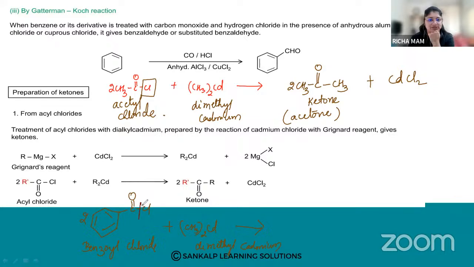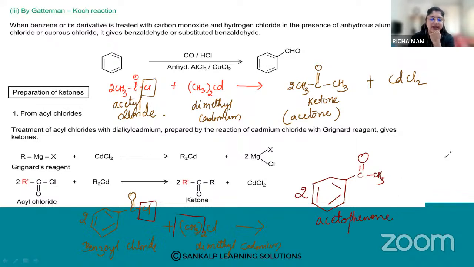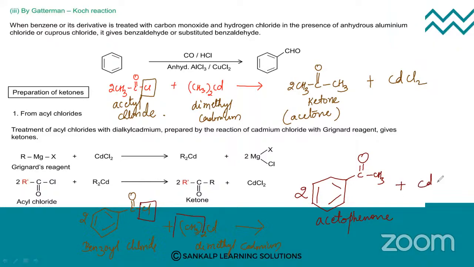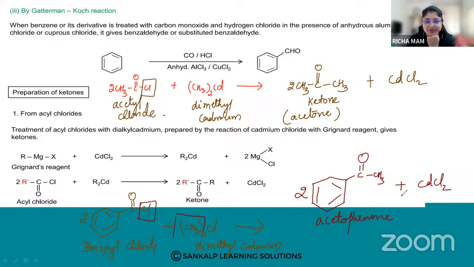Don't think much. Your Cl will be replaced by this CH3. So this is the benzene ring, C double bond O and CH3. What is the name of the compound? It is acetophenone. This is the product obtained.